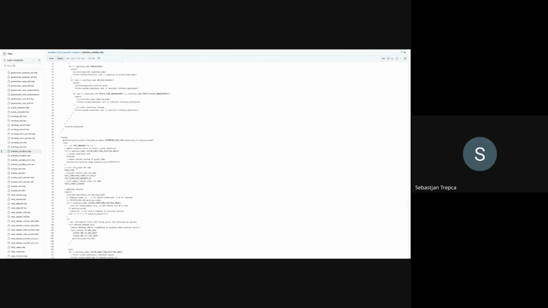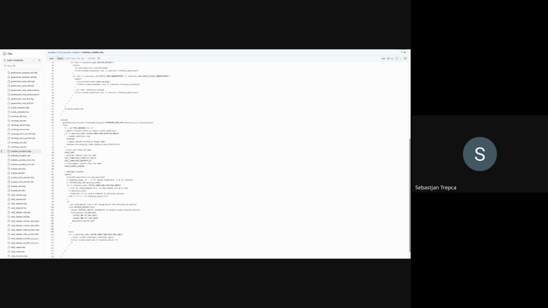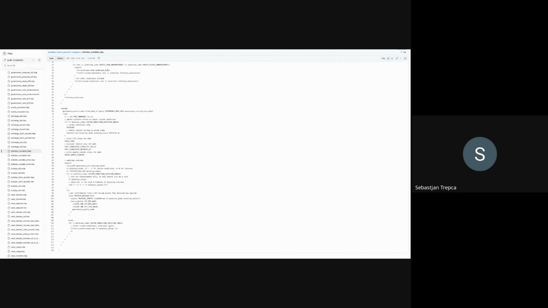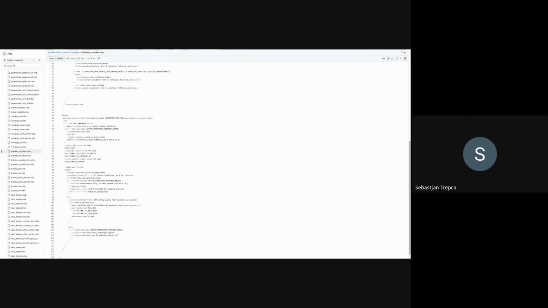Then the interesting part here is that these mutations or operations return the state of the statutes and any additional conditions it needs to append to the original conditions, and this is the list.